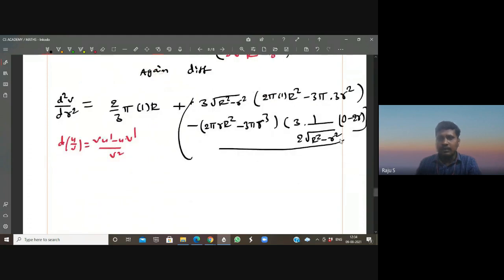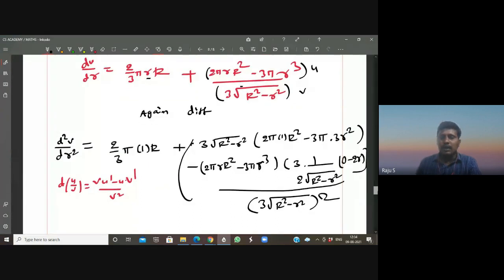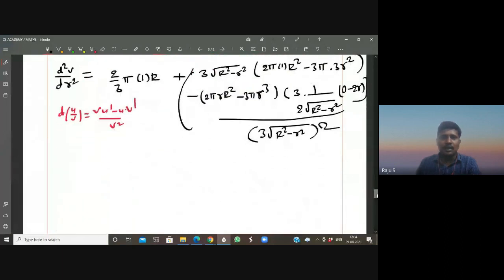All divided by 3 into root over capital R square minus small r square, the whole square, by v square. v u dash minus u v dash by v square, just I applied that.